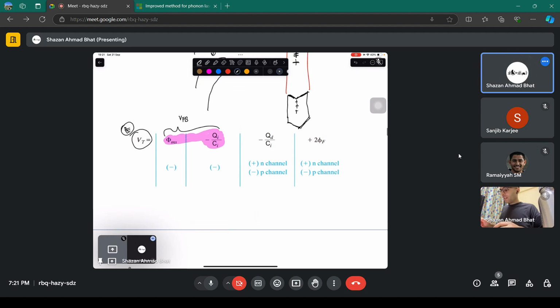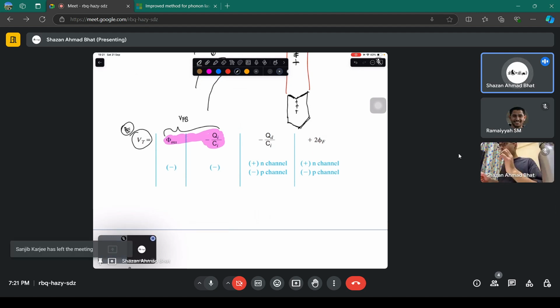That means if you want to go to the threshold voltage value, you first need to apply the voltage equal to flat band voltage. Then you go into the depletion regime. This is the depletion. These are the depletion charges, and this comes because of the inversion.